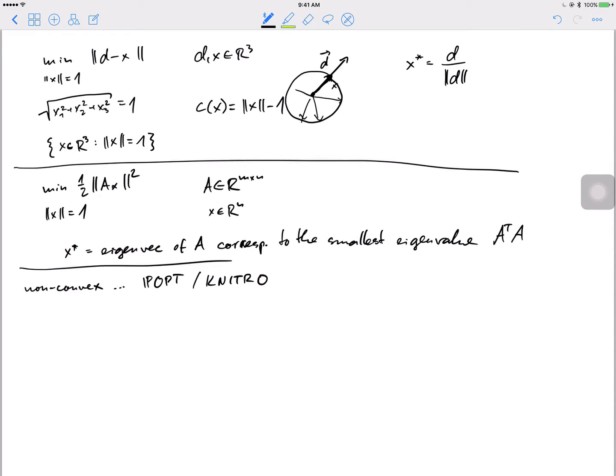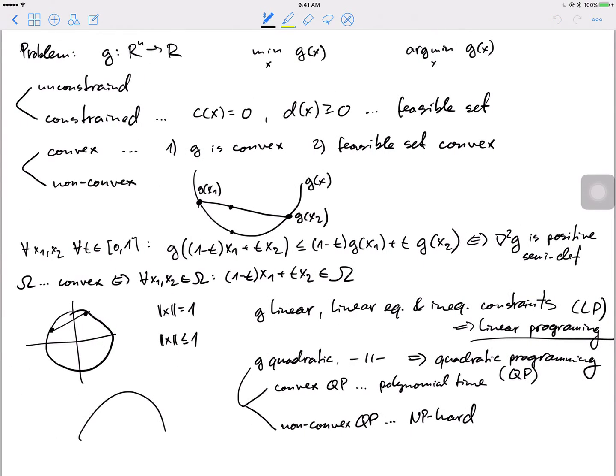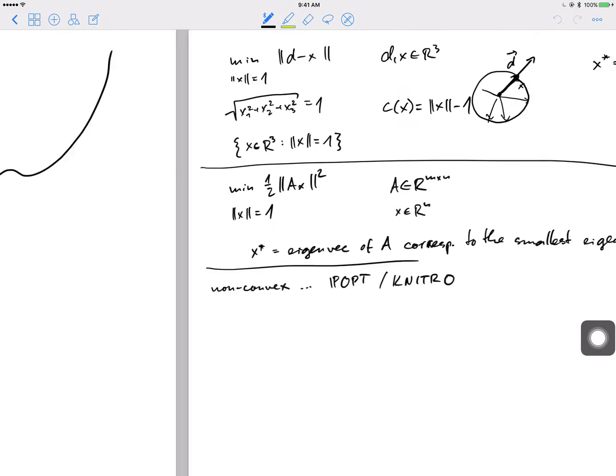They usually work like this: you have to give it code for the function g, and the solvers are most happy if you also give it the code for derivatives, the gradient of g, and also the Hessian of g, okay? So whenever possible, give it the gradient and Hessian, and you can expect these solvers to be more happy. What that means for you is that they will usually take fewer iterations, okay?